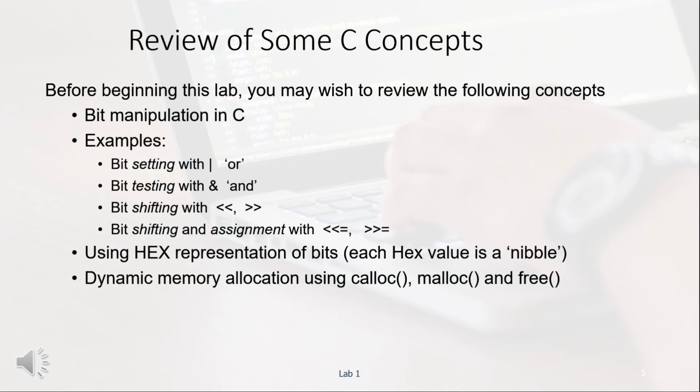Before you begin this lab, it would be very beneficial for you to review the following concepts from your Programming Fundamentals course, your C programming course. Bit manipulation in C. Some examples are setting bits with the bitwise OR, testing bits with bitwise AND, bit shifting, as shown on the screen, bit shifting and assignment, and the conversion between hex and binary representation of bits.